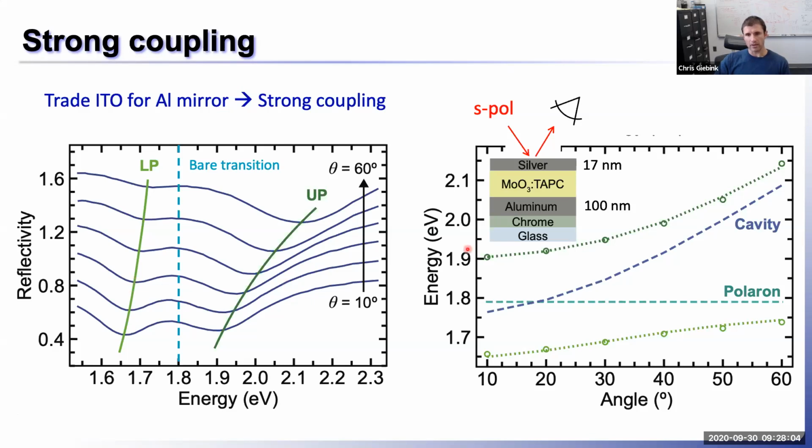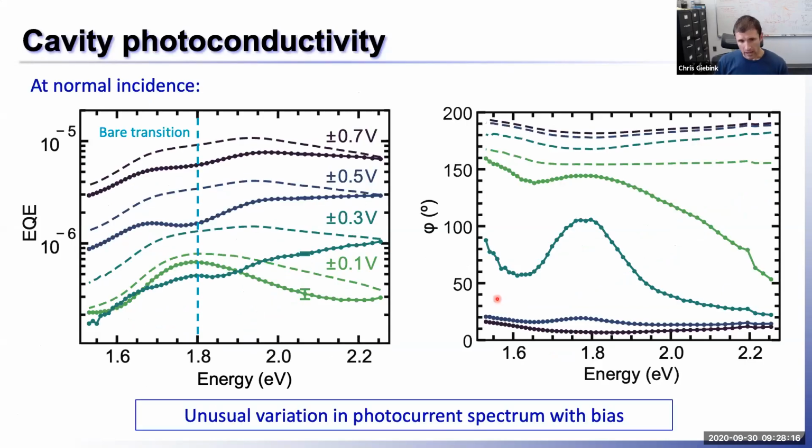And the dispersion in this case, we've got our cavity mode that is close to zero detuning at K equals 0. And looking at the photocurrent now, it is very confusing at first glance, because now we're looking at the photocurrent action spectrum as we vary the bias, so plus minus 0.7 volts going down to plus minus 0.1.